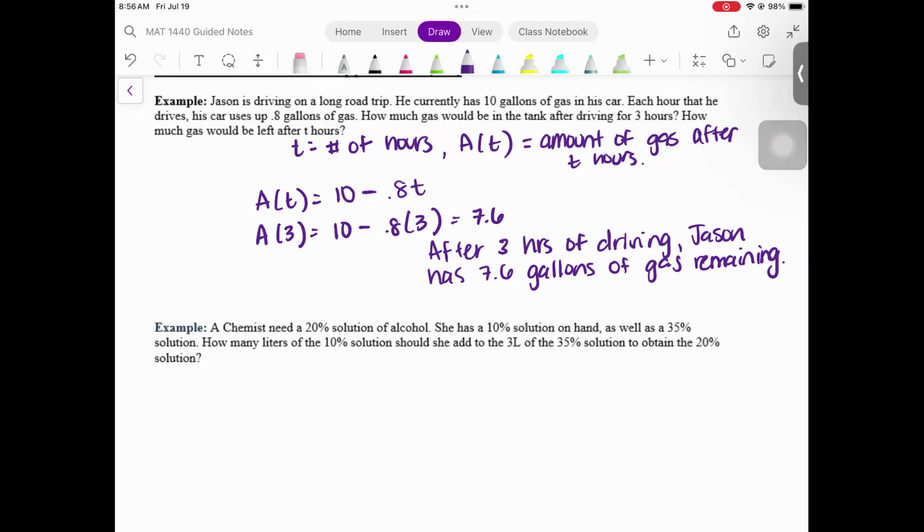So 10 minus 24. Then we end up with negative 14. That's a pretty unrealistic or unreasonable answer. So by interpreting this answer at the end, we can determine, does this make sense or not? And then you can always apply any other technique to check your answer that you wanted.